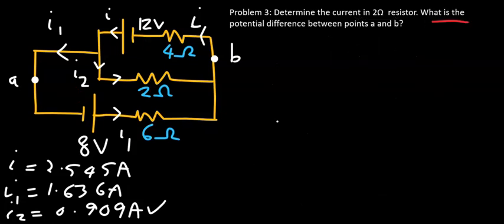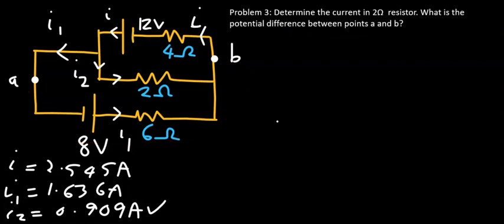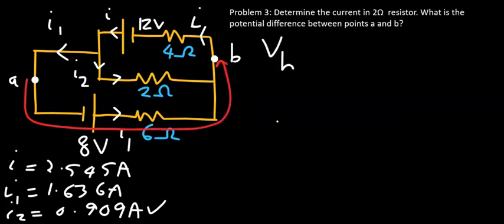Now let's look at the potential difference between points A and B. Now the direction from A to B does not form a closed loop. So note that in general the direction of the current is going from A to B. So to compute the potential difference between points B and A, we need to sum up all the contributions in between.